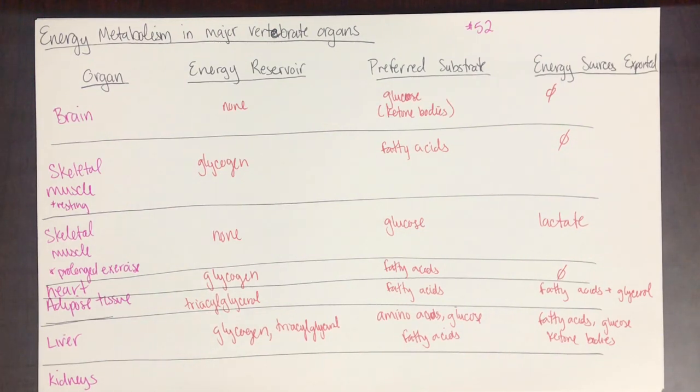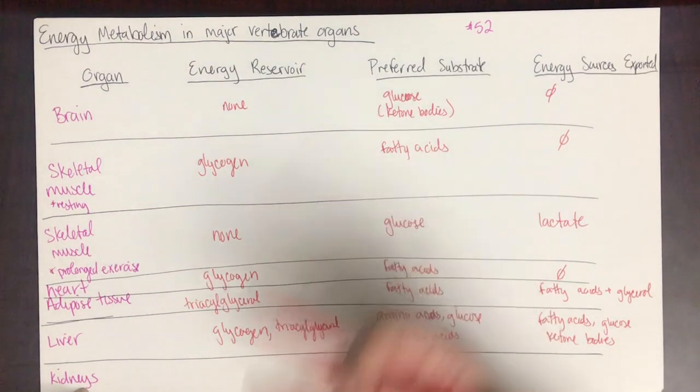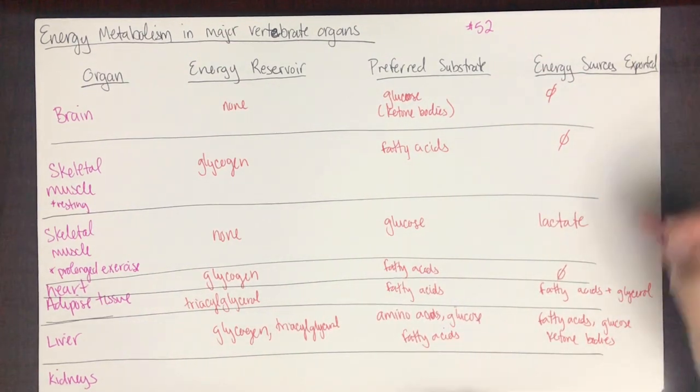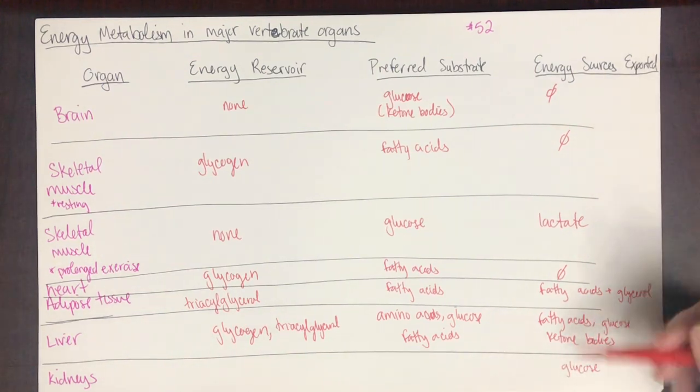We need to get rid of that urea because urea is toxic to us. So the major function of our kidneys is to produce urine, to excrete. So we can remove that because it's toxic if it's not removed. During starvation, it also is the site of gluconeogenesis. So it can export glucose.